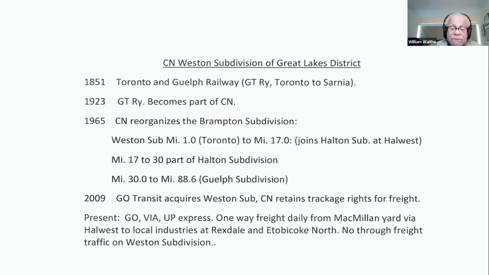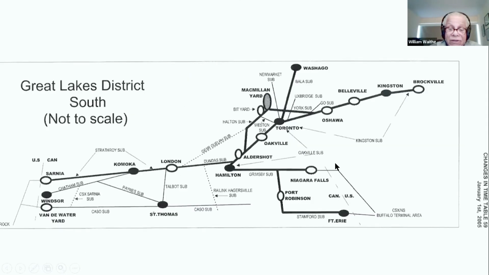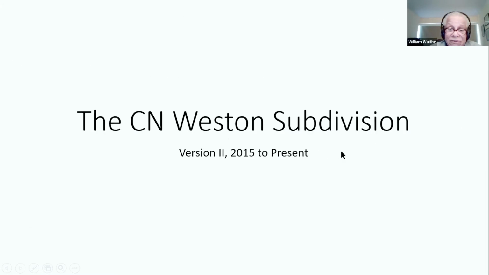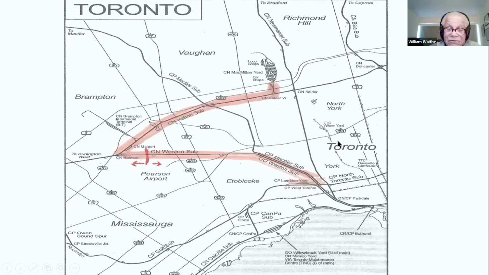And in addition to the one freight train that runs now, we'll get back. The one freight train that runs now on the Weston sub, there are a number of passenger units that run.